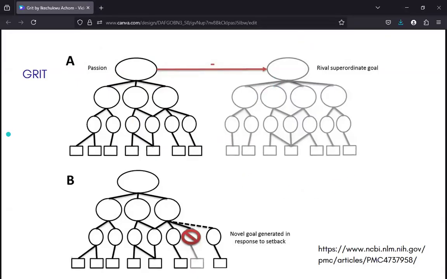So let's talk about the passion versus a rival goal. Grit is you being able to stay committed to your biggest goal, even when things go wrong, or even when something that looks much better shows up. So you have a passion and a clear goal, but suddenly something more attractive or exciting tries to distract you.